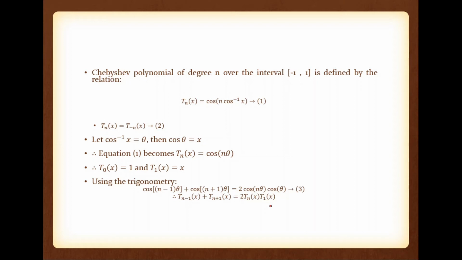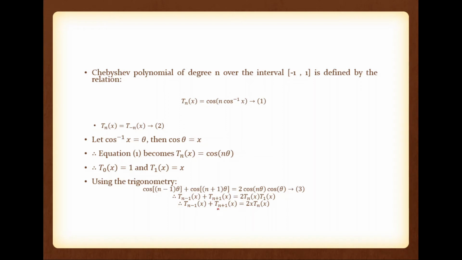Where T1 of x is x. So again we can reduce this: Tn minus 1 of x plus Tn plus 1 of x equal to 2x Tn of x, because T1 of x is x. So the right hand side will become 2x into Tn of x. It means if we know the nth degree Chebyshev polynomial and the n minus 1th degree Chebyshev polynomial, we can find the n plus 1th degree Chebyshev polynomial.